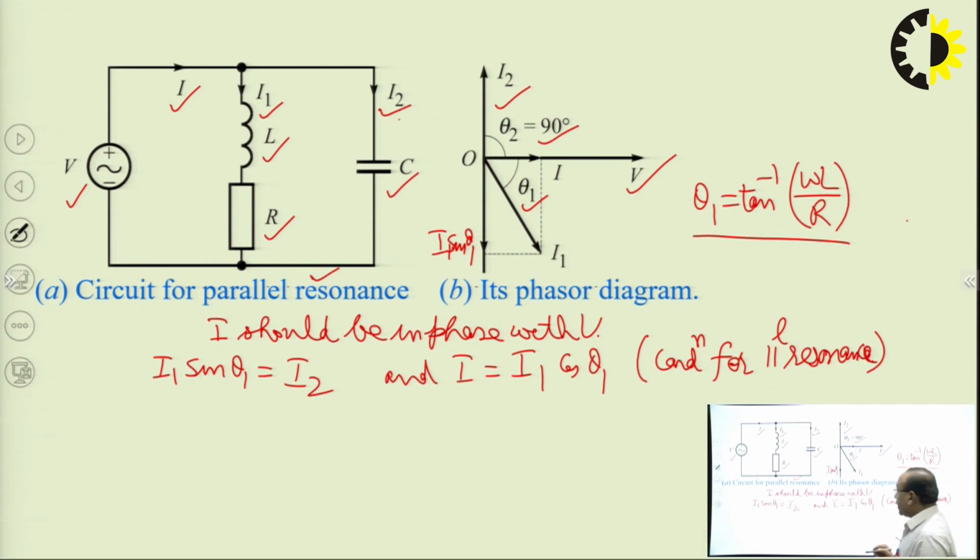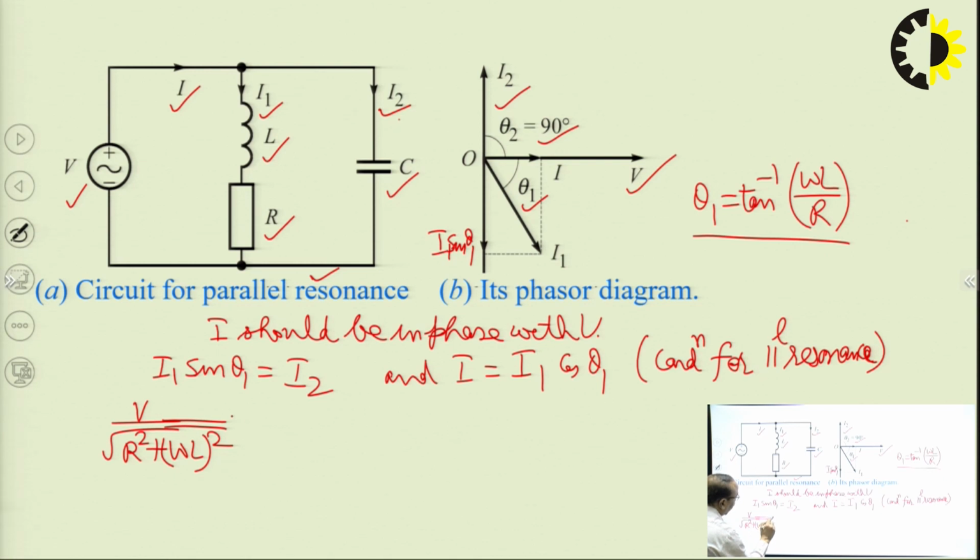So from this, what can we write? I1 will be V upon under root of R square plus omega L whole square, into sin theta 1. Sin theta 1 will be given by omega L upon under root of R square plus omega L whole square.